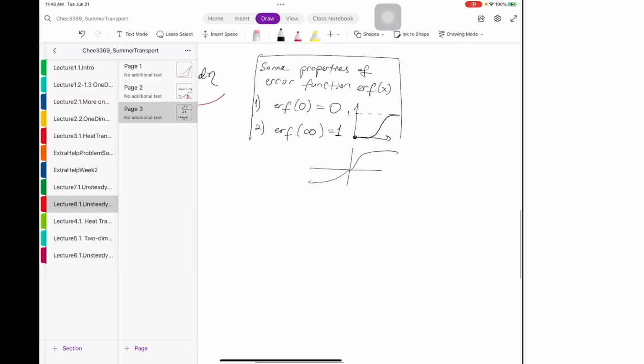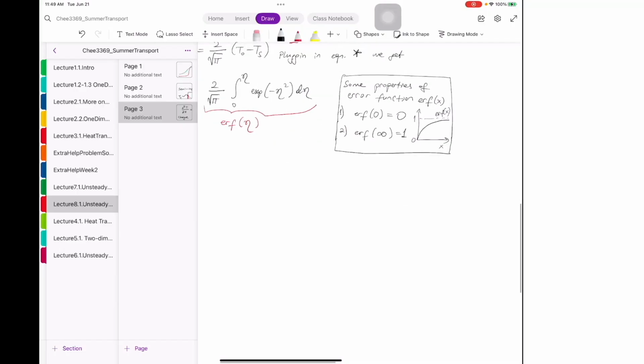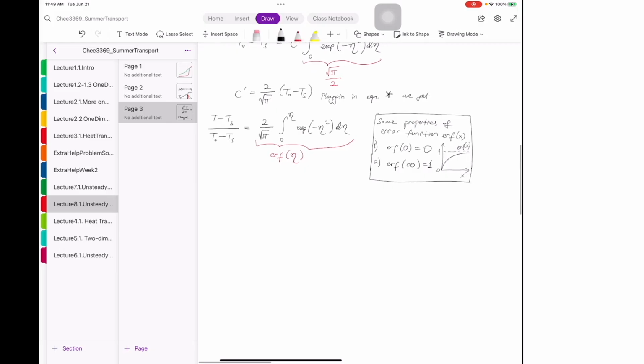But we are going to take from 0 to infinity, so it should look like the following. There you go: 1, 0, x, error function x. Schematically, it looks like this. It approaches 1. So we found the temperature distribution for this case.